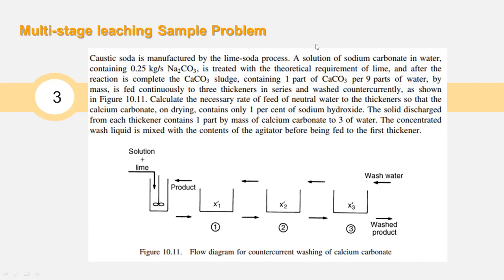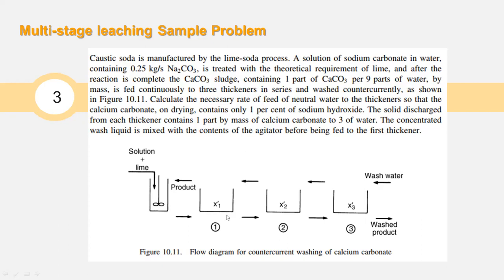So meaning whatever is required, that is the amount of lime that was used in the process. There's no need for us to account for it because we only need to account for the solid, the calcium carbonate, the solute, which is our caustic soda, and the solvent, which is, of course, water. So we made an overall material balance based on these three components.